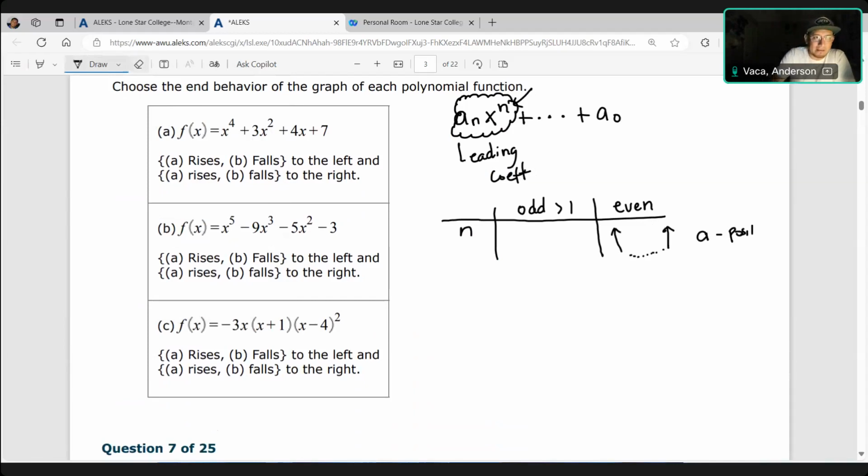My handwriting is atrocious, and I cannot even spell positive. As long as A is positive. But what happens if it's negative? Then the graph will look like so.